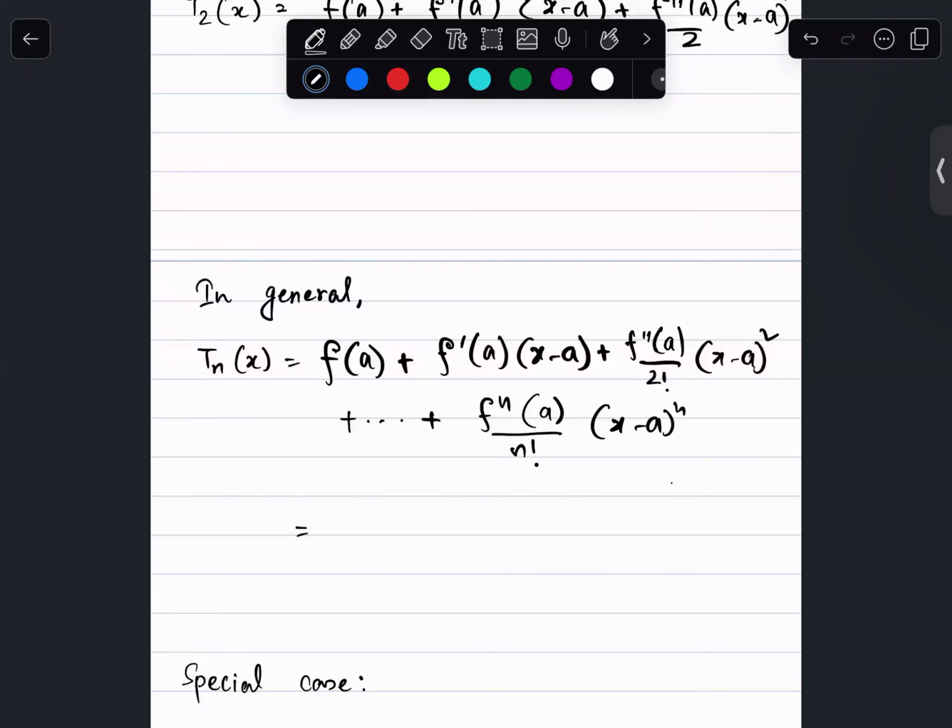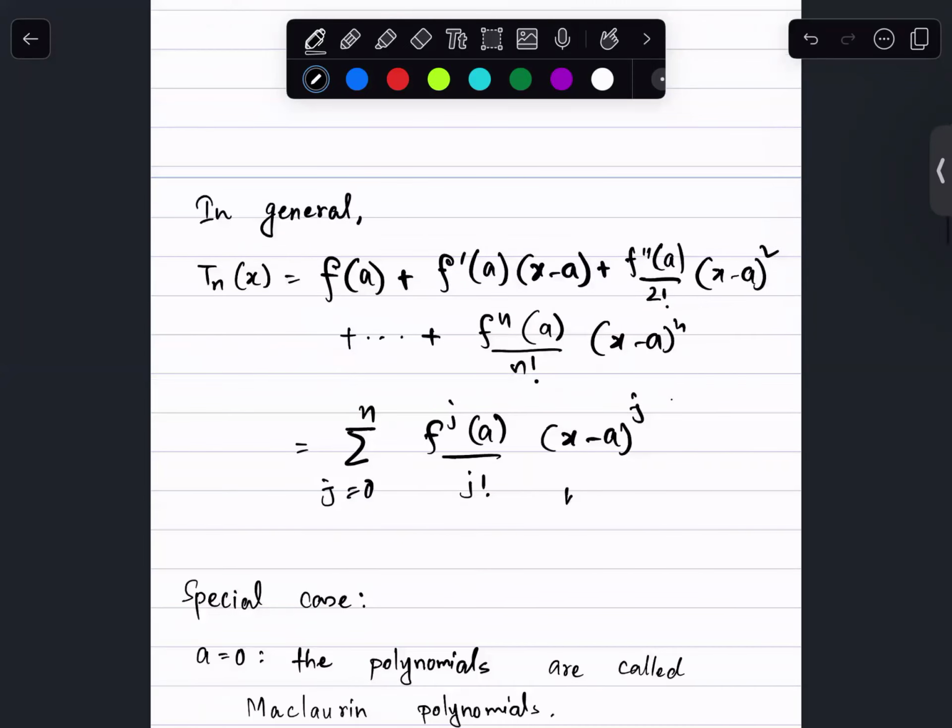So this is basically the nth degree Taylor polynomial. In short, I can write this as a sum of f^(j)(a) over j factorial times (x minus a) to the j, where f^(0)(a) is just f(a) and 0 factorial is 1.